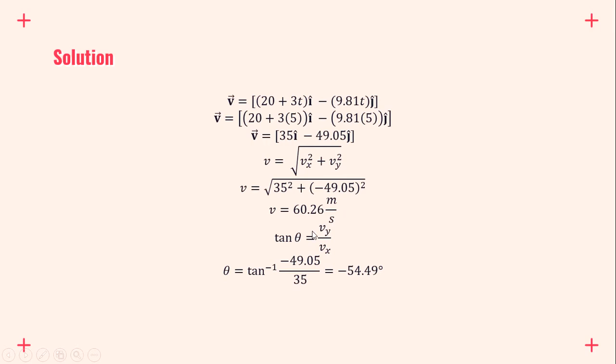Then the angle is tangent inverse of Vy over Vx, and this gives us the value negative 54.49 degrees. So that means that the angle is 54.49 degrees downward, or I mean counterclockwise from the positive x direction. So it points down to the right.